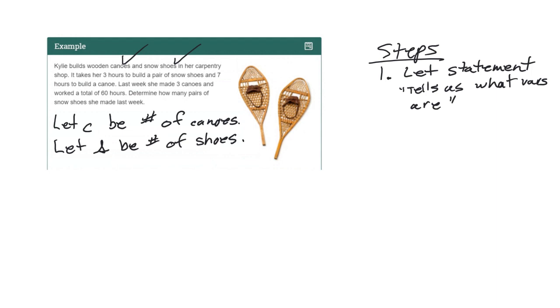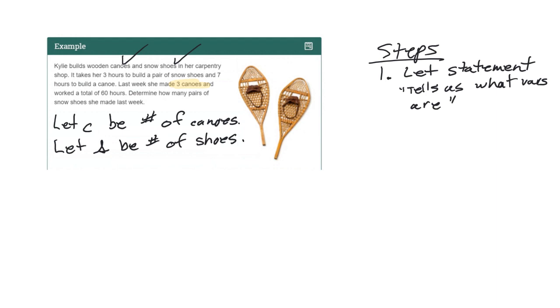We let S, the script S, be the number of shoes that we have for our canoe. So here's what you know. It says here in our problem that last week she made 3 canoes.